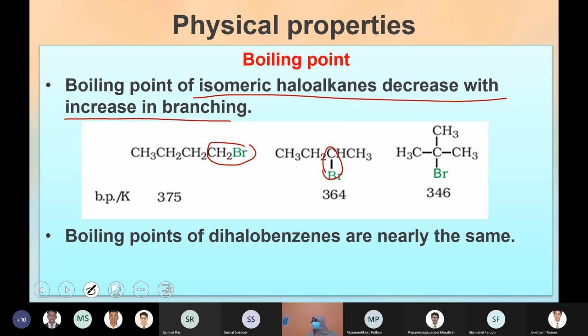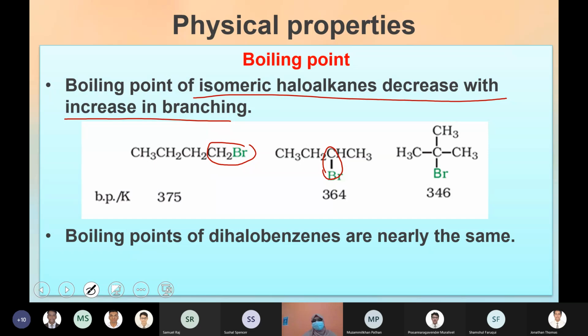So why does it decrease? Why does it decrease, tell me. It takes up lower surface area. Last year also we discussed this branching in hydrocarbons. With more branching, there is less surface area. Same reason.